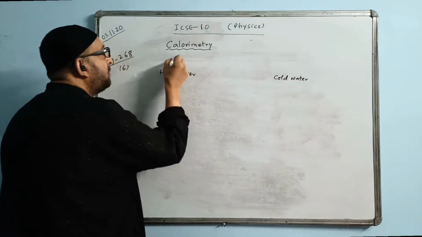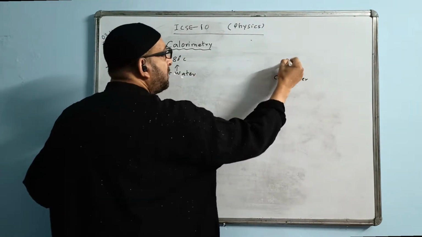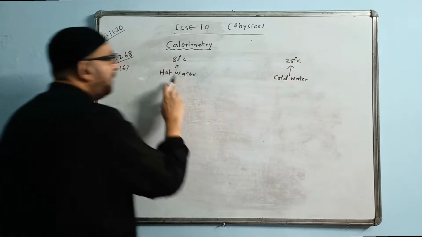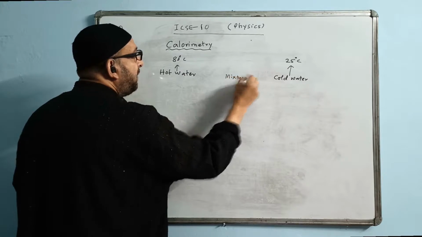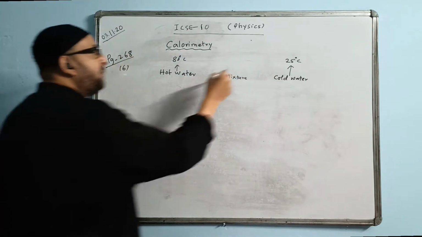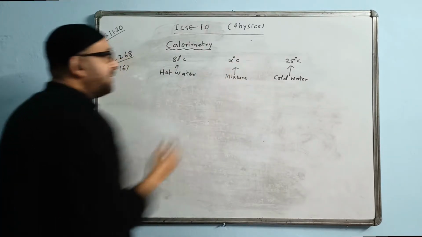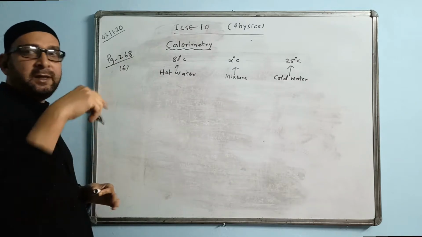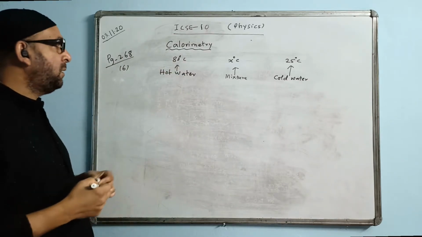The temperature of hot water is more, 80 degrees Celsius. The temperature of cold water is 25 degrees Celsius. We are mixing the two, so the mixture will be in between hot and cold. The temperature of the mixture is not given, that we have to find out. Take this as x degrees Celsius. You can write either the symbol t or x.